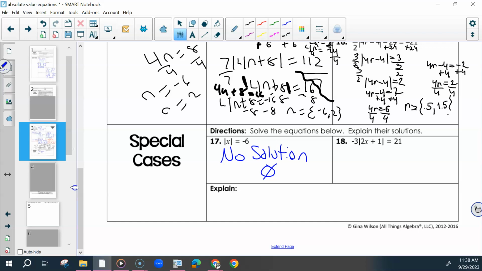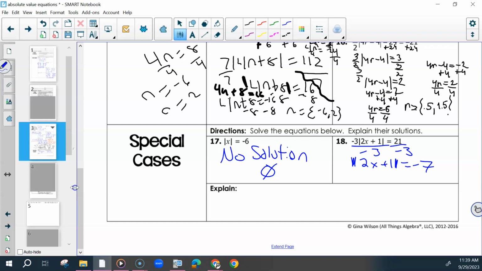So if your absolute value is isolated, it cannot equal a negative. When we are solving this, we drop the absolute value before we set it equal to a negative, otherwise it wouldn't work. But sometimes you won't know that it's no solution until you start to solve it. So like this one, if we divided both sides by negative 3, then we end up getting it isolated and it equals a negative.